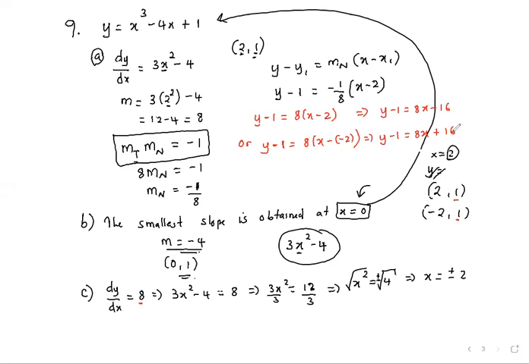Trig identities, you don't need much of them. You just need maybe 2 or 3. Binomial, you're able to expand, to approximate, find the term.